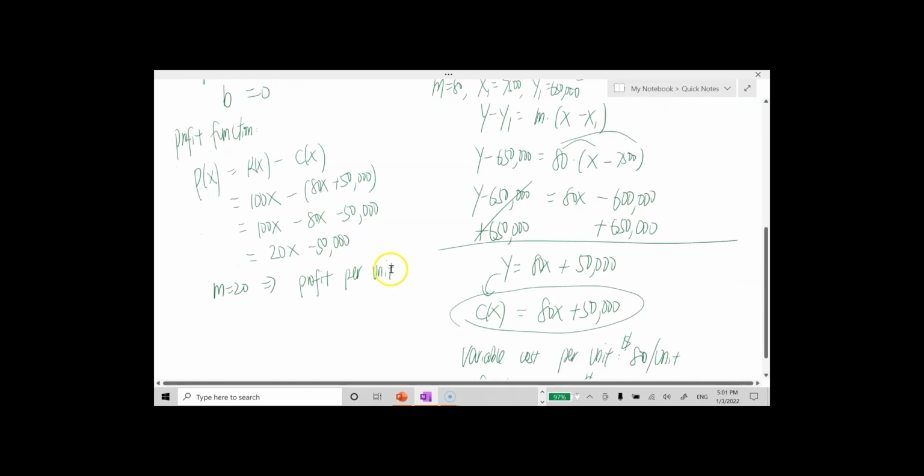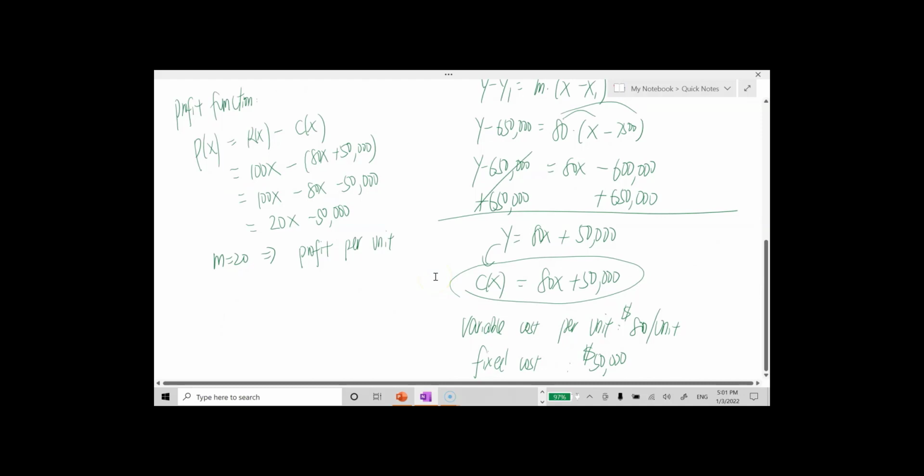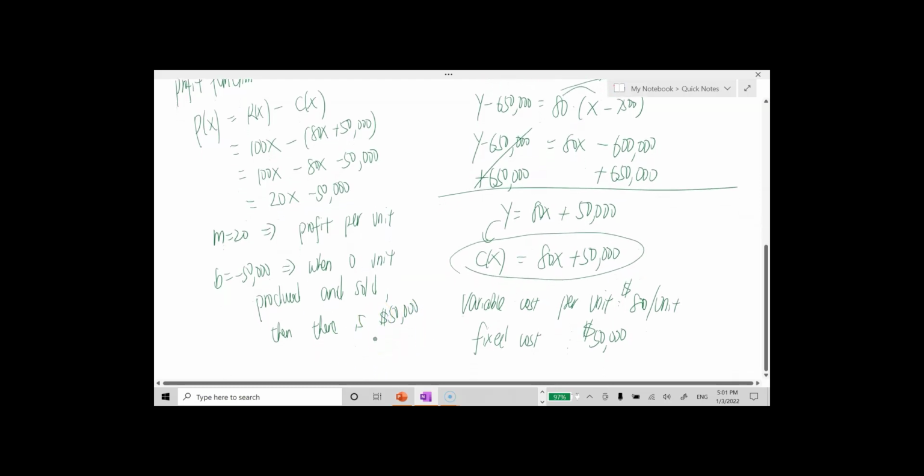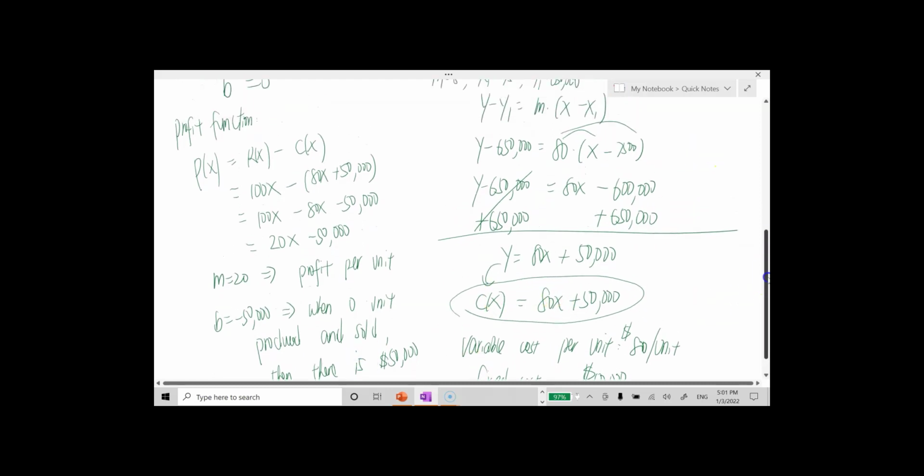And if there's 0 units produced and sold, then the company has a loss of $50,000. So when 0 units are produced and sold, then it's a $50,000 loss. So those are the 3 different functions. So that takes care of part 1, right?